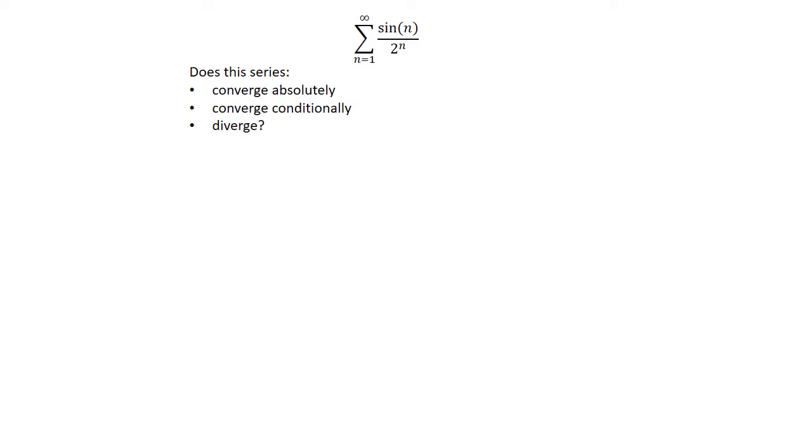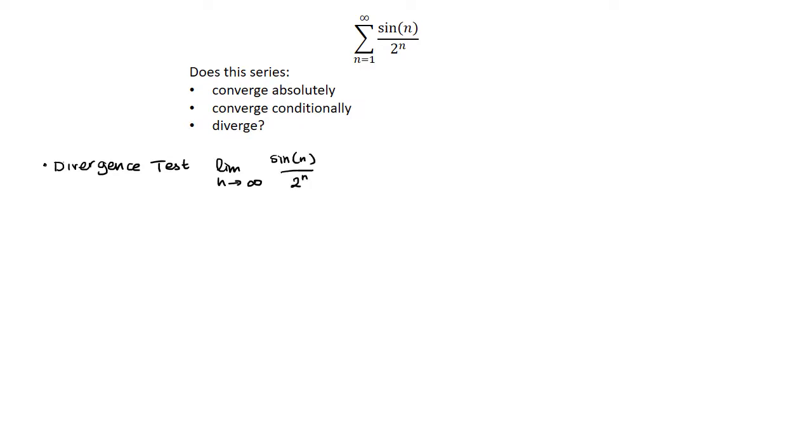the way that we're going to approach this, let's start by looking at the divergence test. That's always a great place to start. So we're going to take the limit as n goes to infinity of sine of n over 2 to the n.